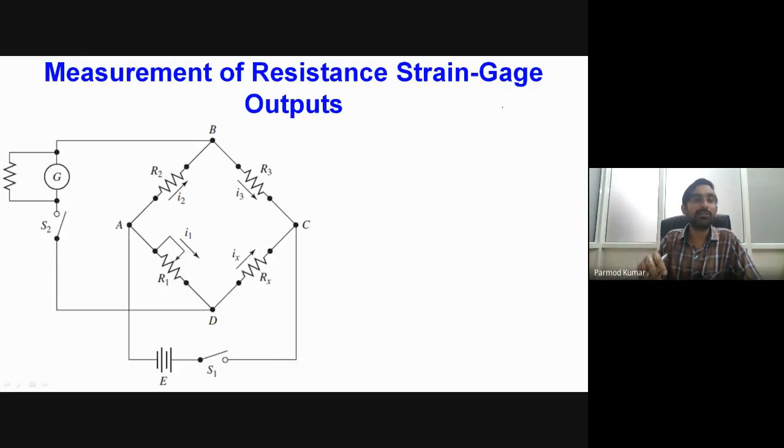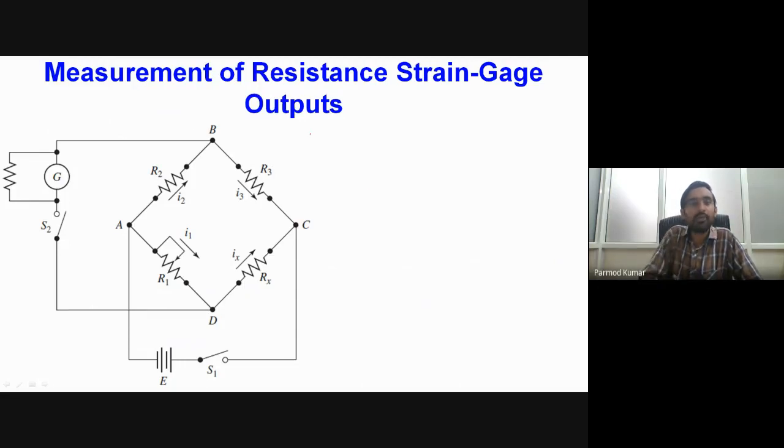Generally the circuit used for obtaining the value of an unknown resistance... initially, when we have fitted the strain gauge, the manufacturer supplies two values: one is the resistance of the strain gauge and another is the strain gauge factor. But whatever change in resistance happens in the practical scenario, we require some arrangement to measure it.